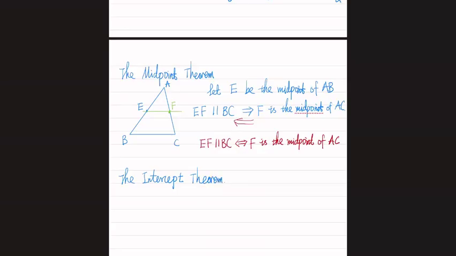Okay, we start with a triangle A, B, C. We draw a line across the two sides.